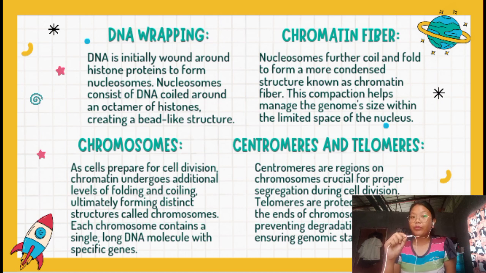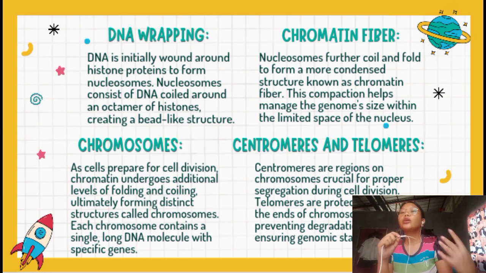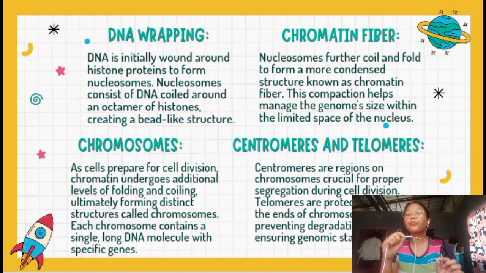Chromatin fiber: nucleosomes further coil and fold to form a more condensed structure known as chromatin fiber. This compaction helps to manage the genome size within the limited space of the nucleus.